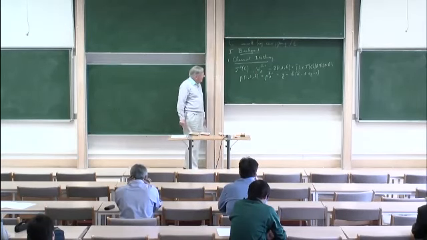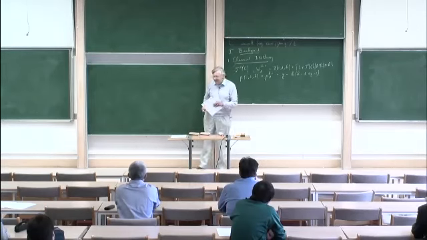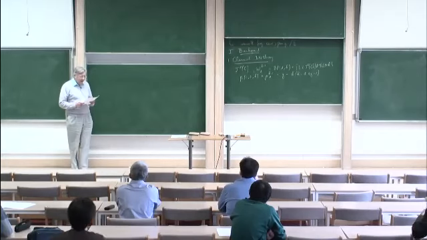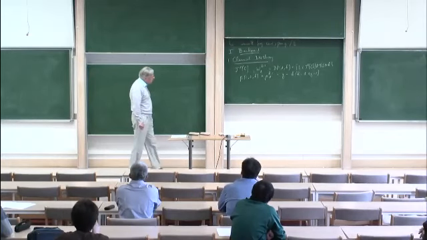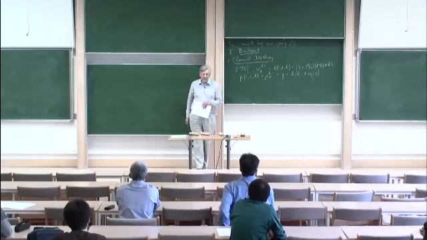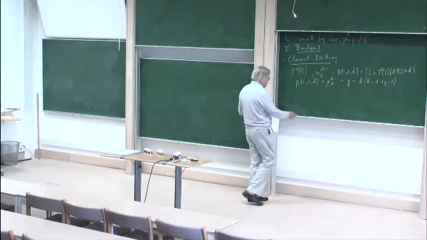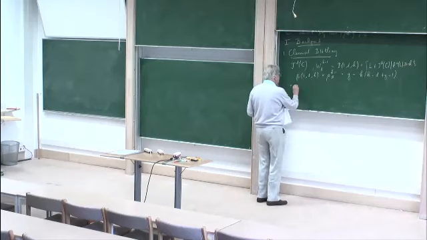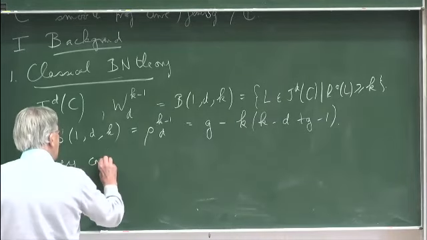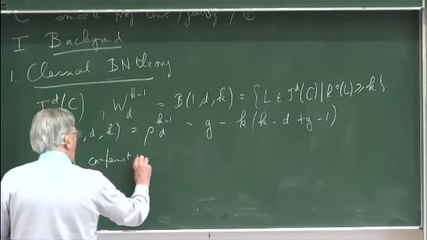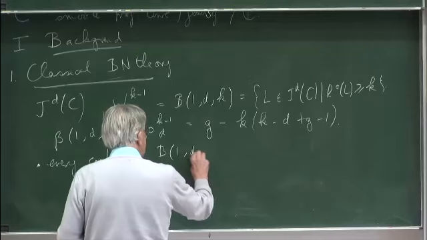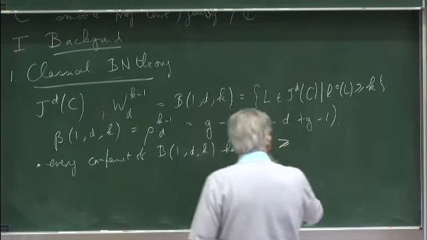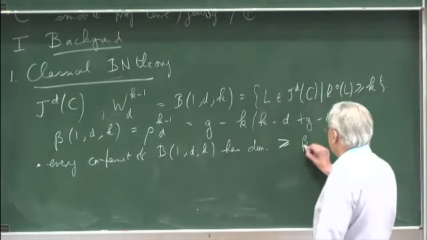The classical ideas on these things come from Brill and Noether in the 1880s, but were fully and properly worked out in the 1970s and 80s. But I want to remark on a couple of points about it. In the first place, every component of B^1_{d,k} has dimension greater than or equal to beta^1_{d,k}.